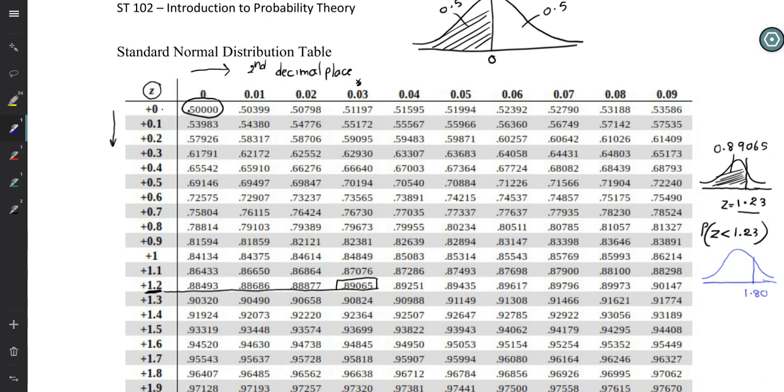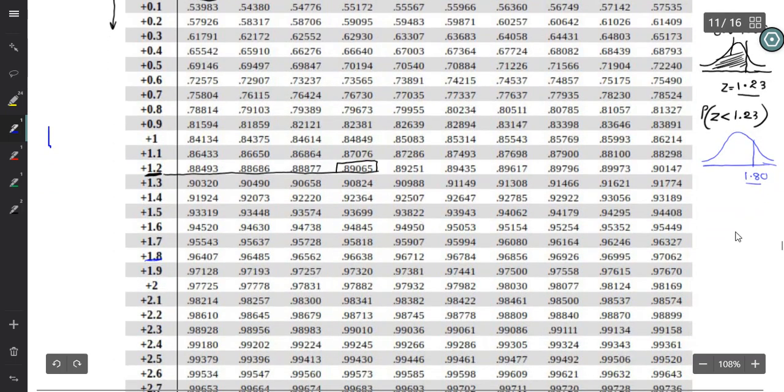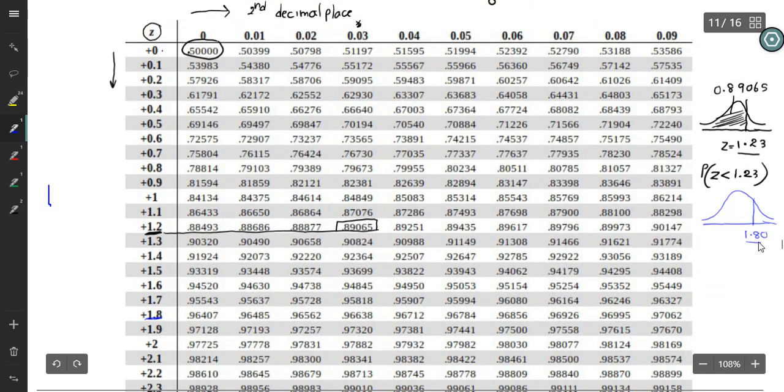1.80. How do you find that? 1.8, you find it from the column. So here's our 1.8. And what is our second decimal place? Our second decimal place is 0, so it's the first column. So you stop from here.